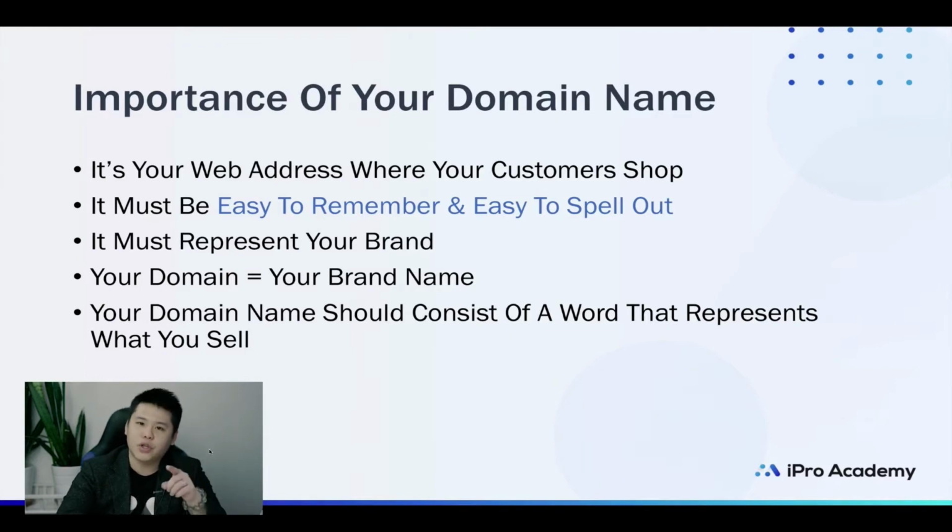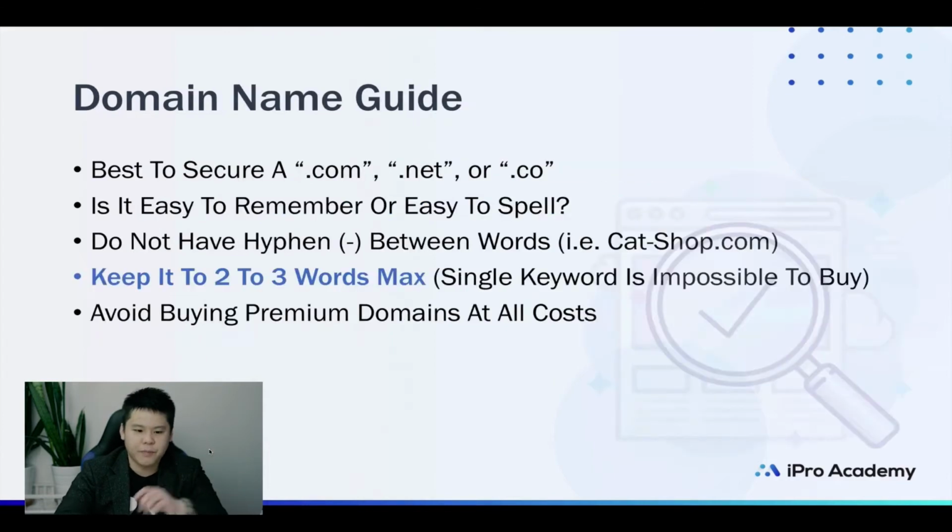So when it comes to your store, make sure that you have words in there that represent what you are selling. Let's say that you're creating a store that is selling cat accessories. Then you want to use words like kitty, kitten, or simply use cats, or whatever different variation that makes people know that you obviously have a cat store.